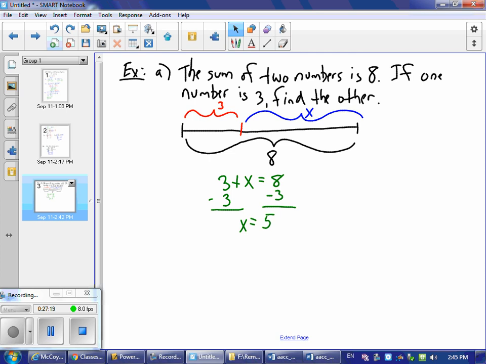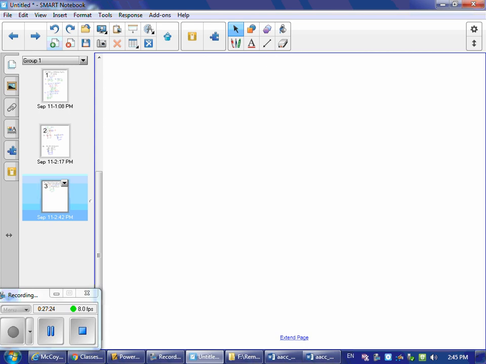All right, and for our last example in this section, the vocabulary here is going to be extremely important.